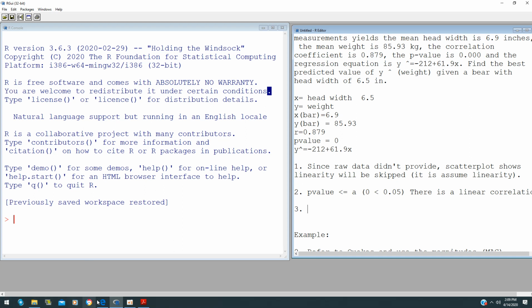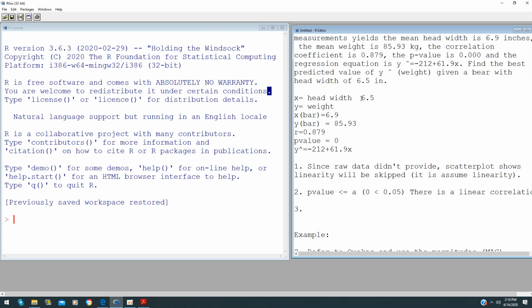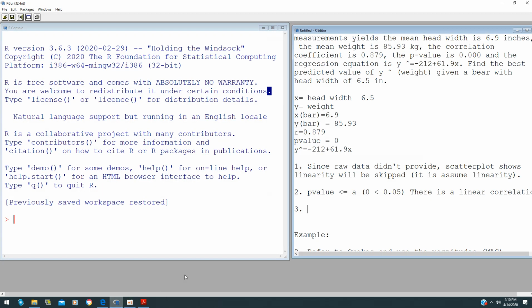So step 1 is skipped or assumed. This is good because this shows linearity. The third step says that your prediction doesn't go beyond the scope of your data, sometimes called extrapolation. How do we find out if your prediction goes beyond it? You look at what number we plug in. Since we plug in 6.5, you need to use this formula: 2 times the mean of x.